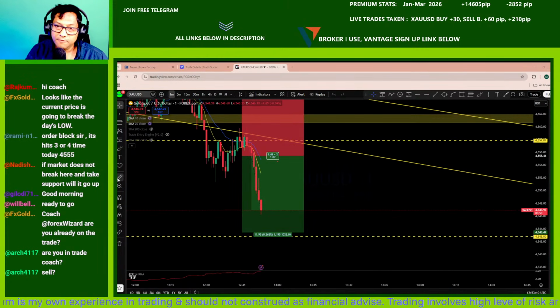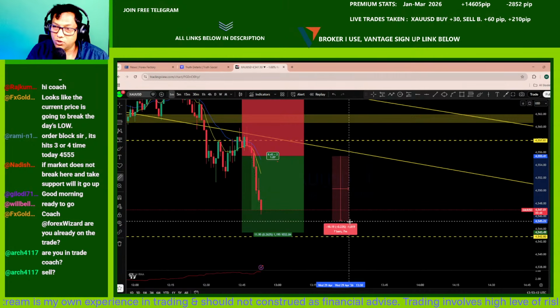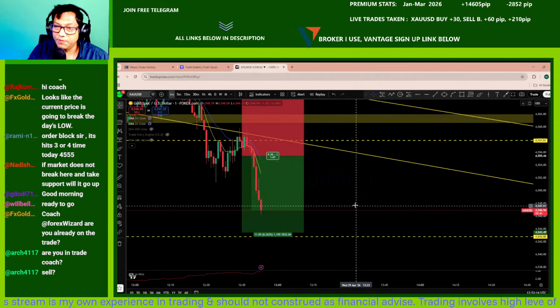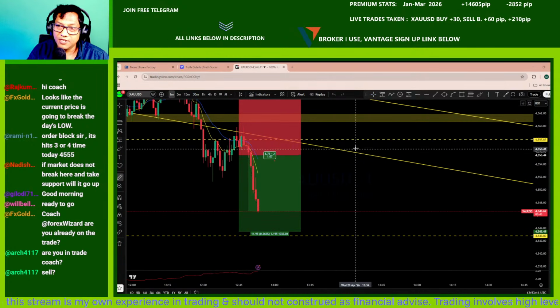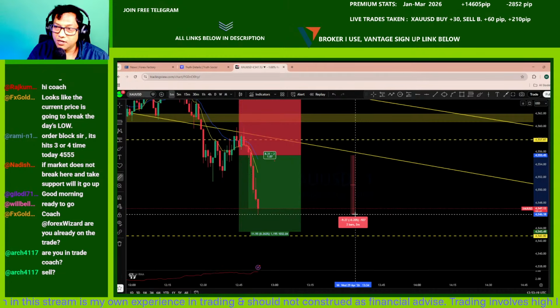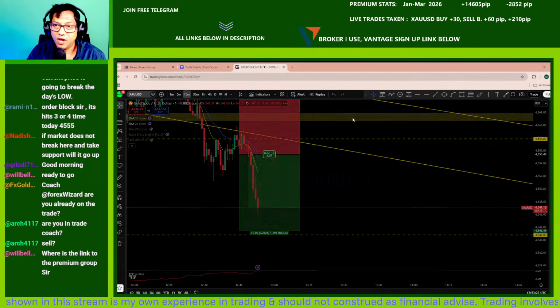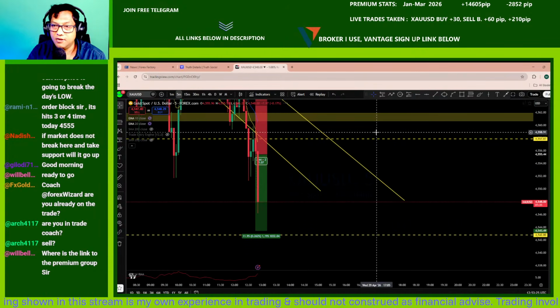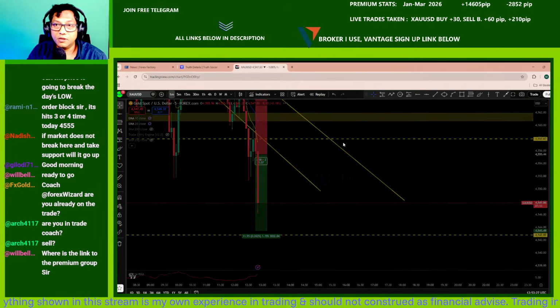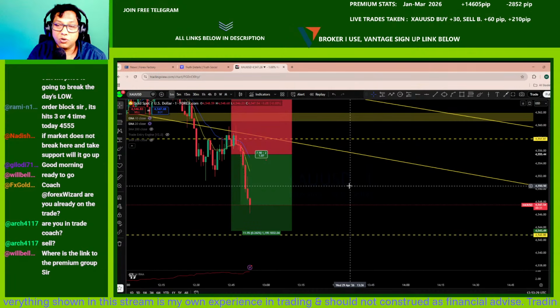This one, come on, how many pip? What are we looking at here? 120 pip. Nearly there. We are nearly at 94 pip with this one. Once we successfully close this one this week, all win.